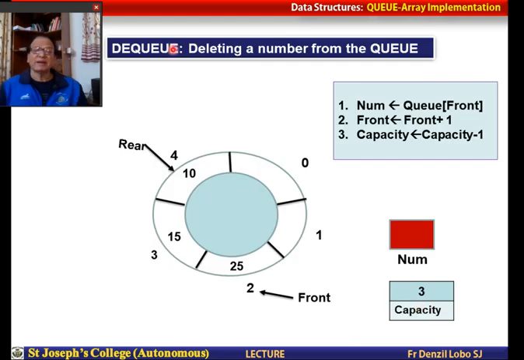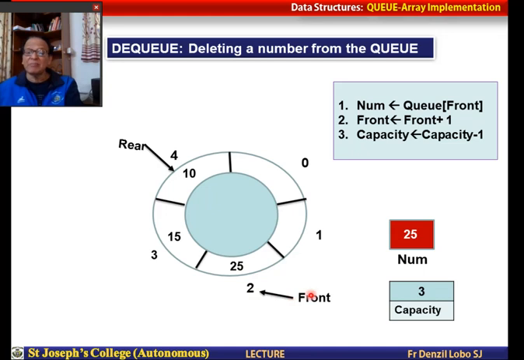Now deleting a number from the queue. Deleting a number is done always from the front of the queue. So for example here we have one case. In this case, first I get the number from the front of the queue. For example, here queue front is pointing to 2. I want to delete it, therefore I copy this number to this variable called number.